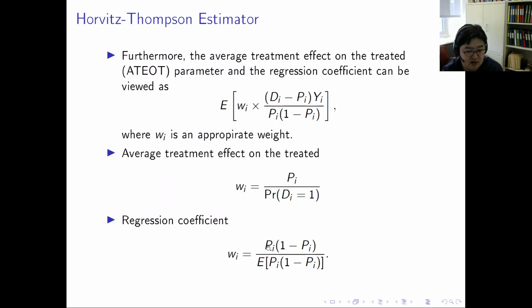And as you can see, the same form is found here. So the idea is the same, but everything is going through the propensity score. So for our analysis, the propensity score is sufficient. That is a very interesting result.